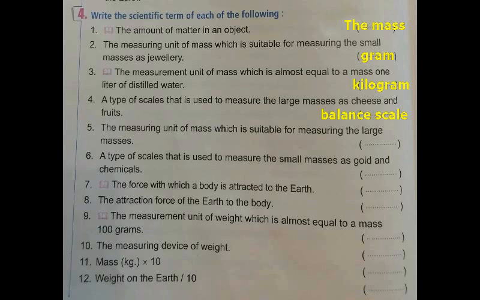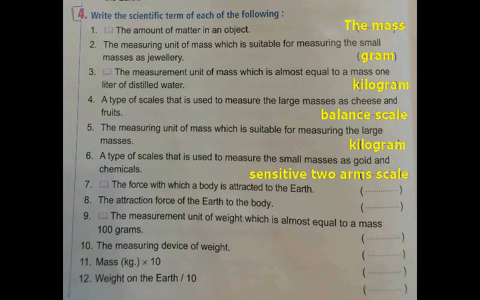The measuring unit of mass which is suitable for measuring large masses: kilogram. A type of scales that is used to measure small masses such as gold and chemicals: sensitive 2 arms scale.